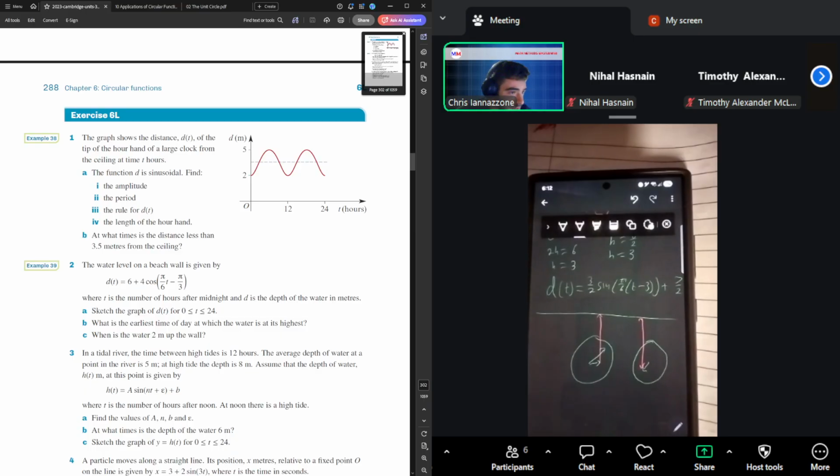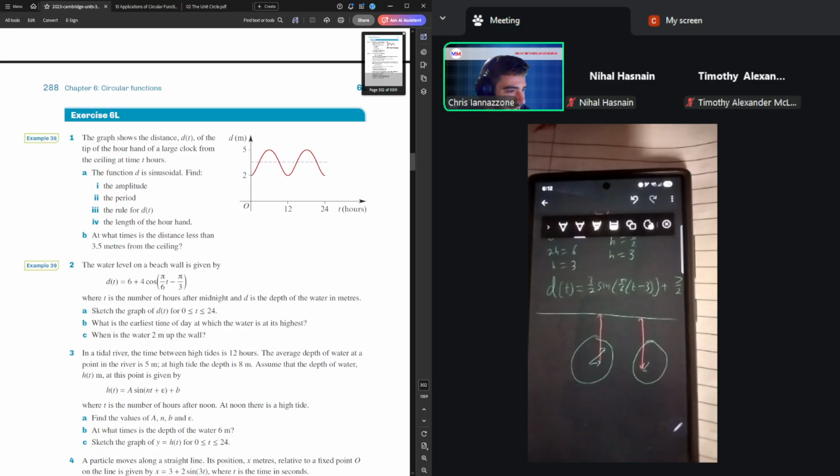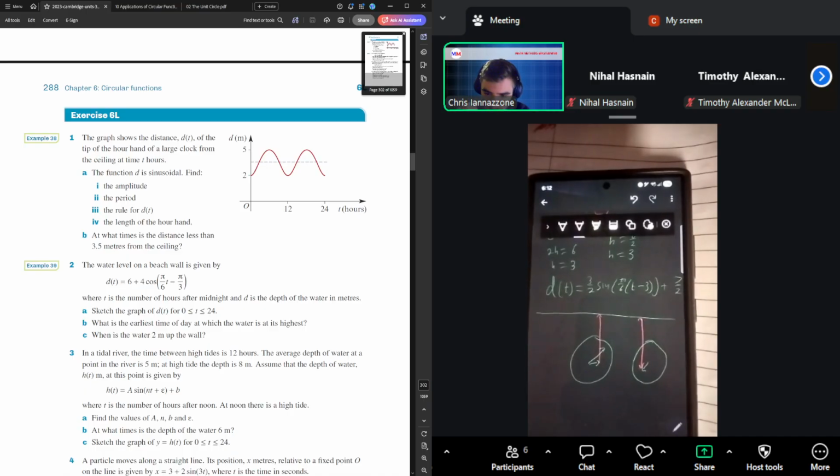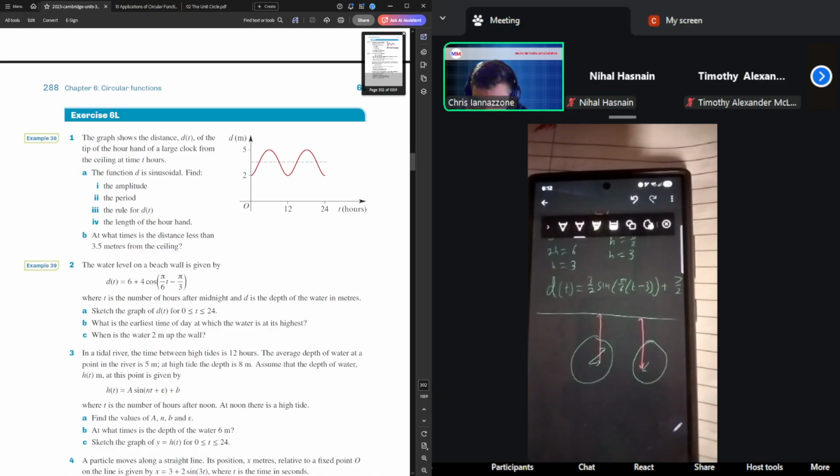Okay, so now that we understand what this was actually depicting, the analysis of it is how do we now figure out the length of the hour hand based on the circular function or maybe other information that you have. Would you be able to do y as 5 if you wanted?